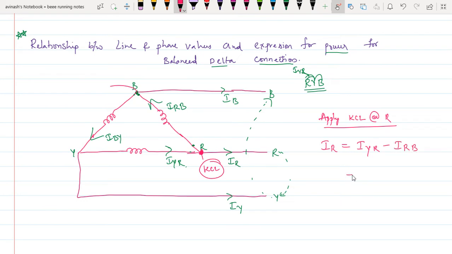This can also be written as IYR plus of minus IRB. So this is IR. This is the connection diagram.